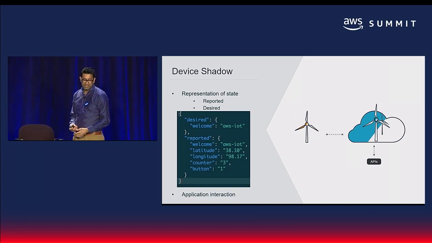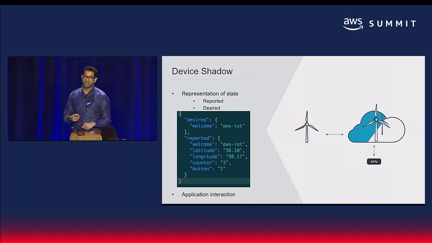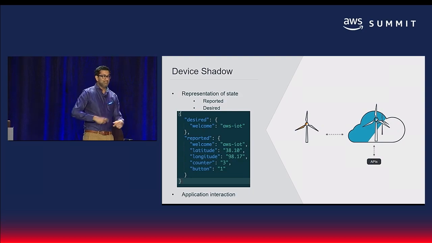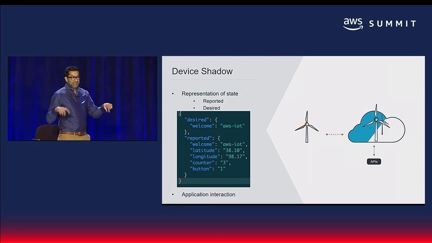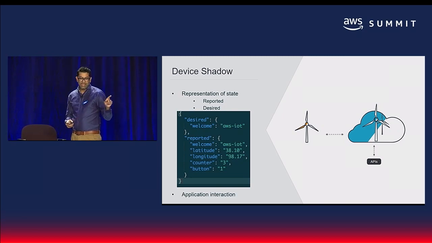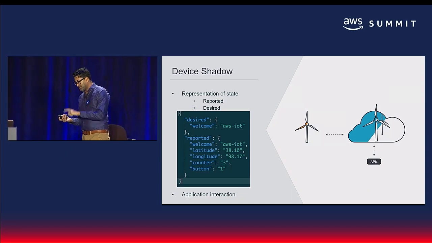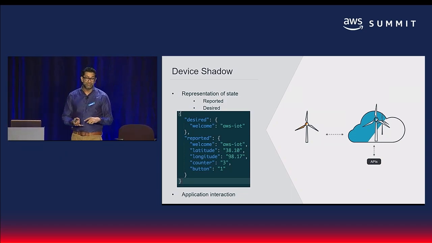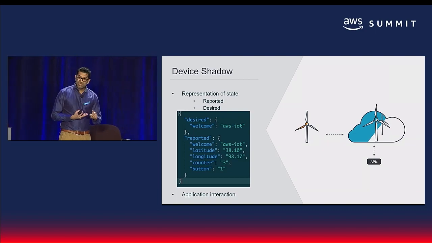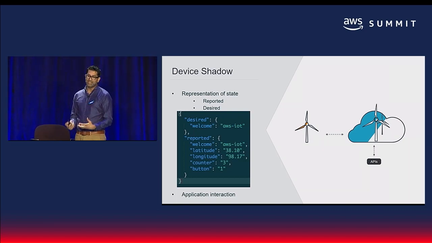And you can go in and say, well, look, I know the latitude is 3810 and longitude is 98.17, but I actually want to override it and say we're right here in San Francisco. So that's where you'd set the desired state. And that happens through application interaction, whether you're doing it on the console with an application, or as a user via the API. These are all the ways that we allow you to interact with your devices from the desired and reported state.